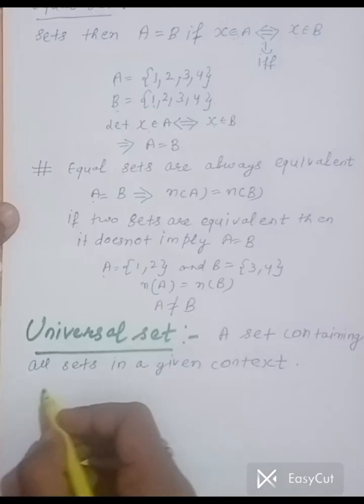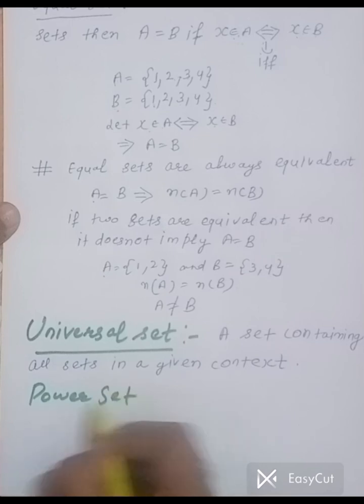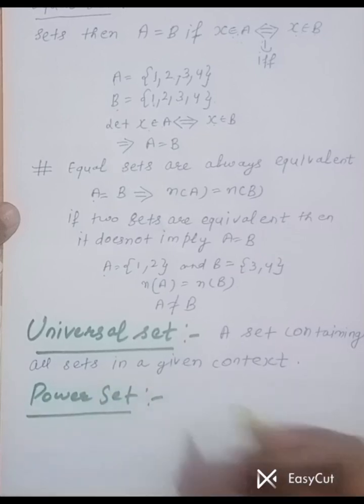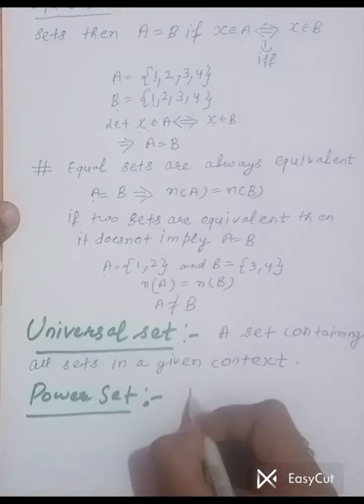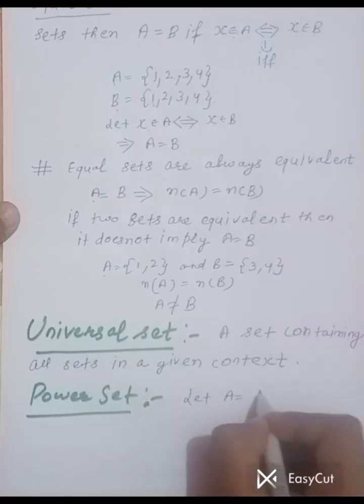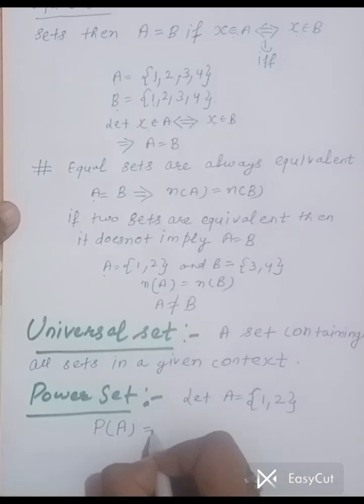What is power set? A power set is a set which contains all the subsets of a given set. For example, let A be equal to {1, 2}. What is the power set of A? It is the set of all the subsets.